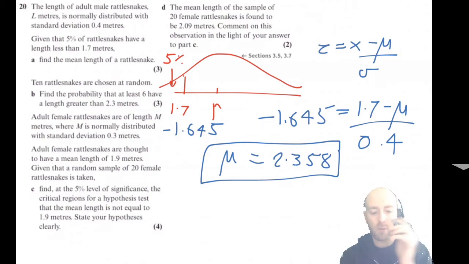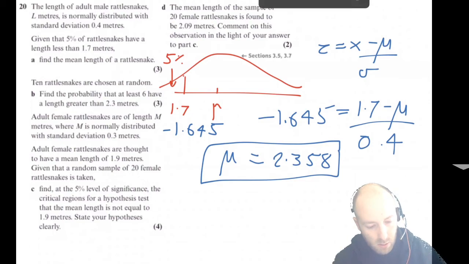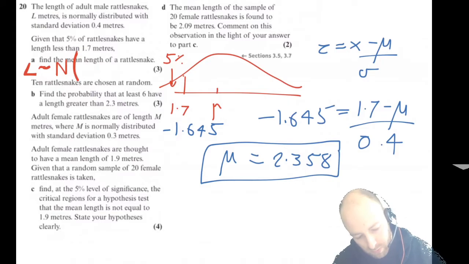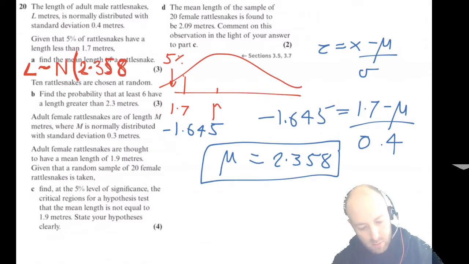So that's the mean for our distribution. So I can write down all the information from the question as L is approximated by a normal distribution with a mean of 2.358 and a standard deviation of 0.4.